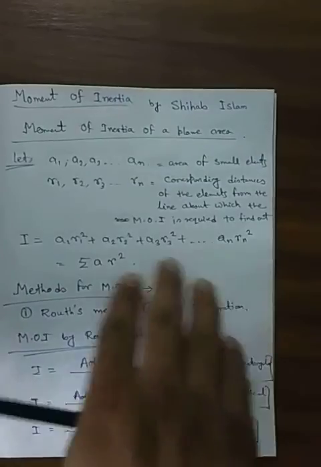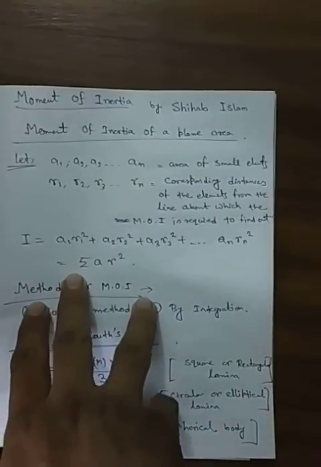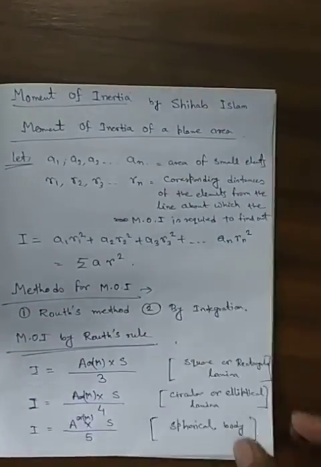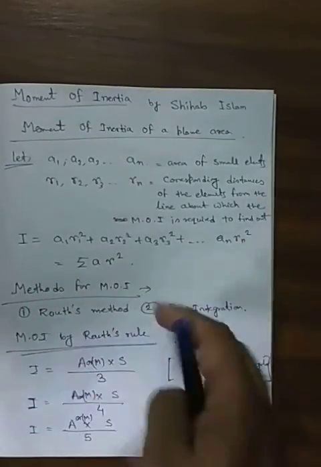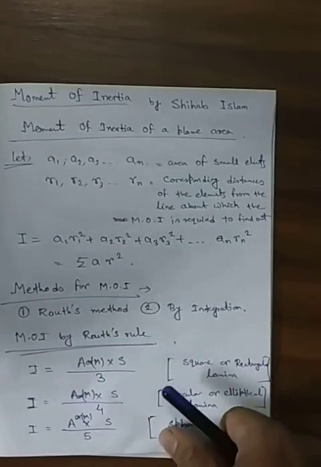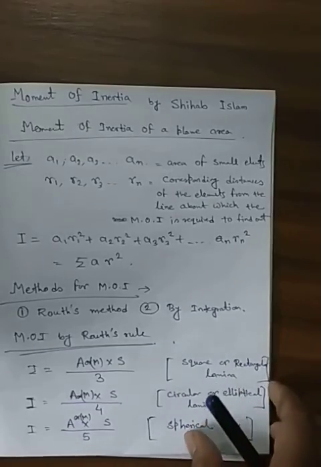By integrating these parts we can find the moment of inertia. This moment of inertia can be determined in two parts, that is Iyy and Ixx.